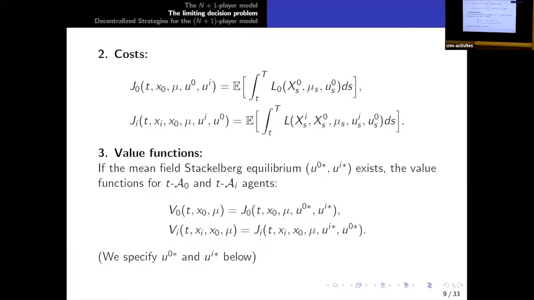But here we cannot really do that. We can only have a partial specification. That is, if we have the equilibrium strategies, then we can define the value function. In order to completely finish the specification, we need to go down.